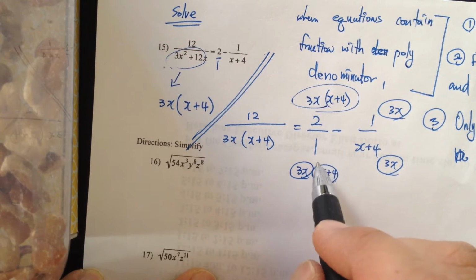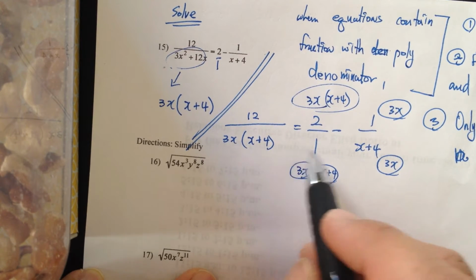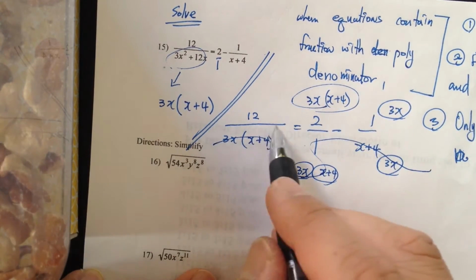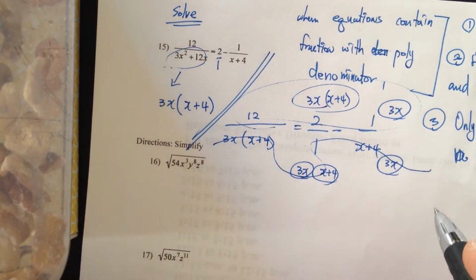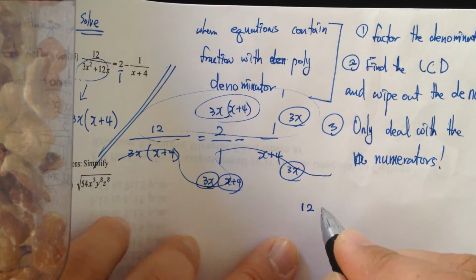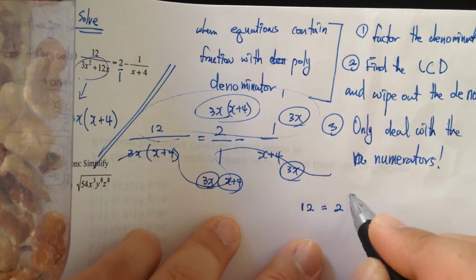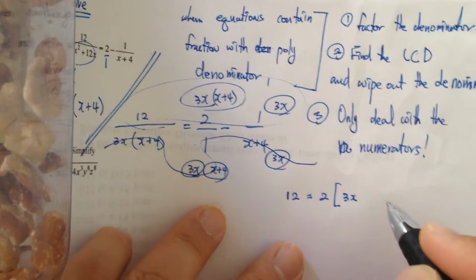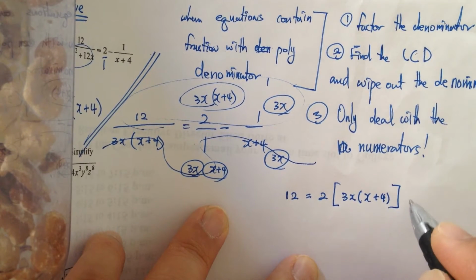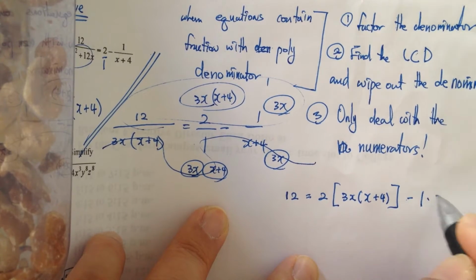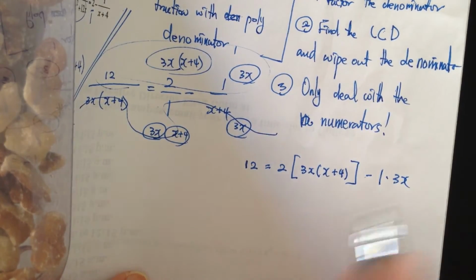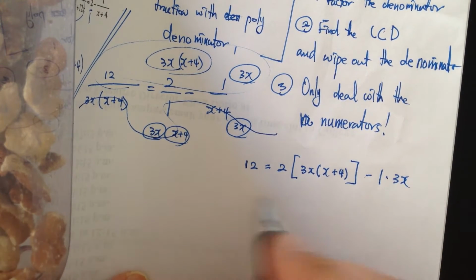So then, once we find the LCD, we're going to wipe out the entire denominator, but write the numerator. So here we got 12 equals 2, 3x minus 1, 3x. And we just have to figure out this one. We just have to solve for x.